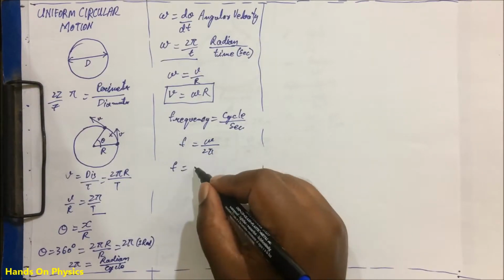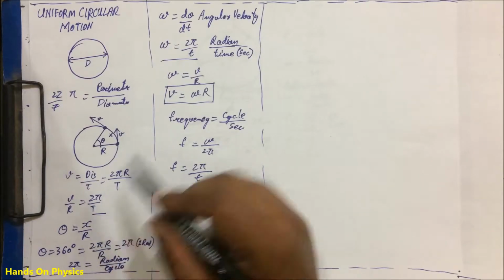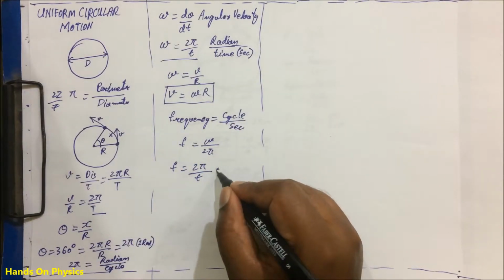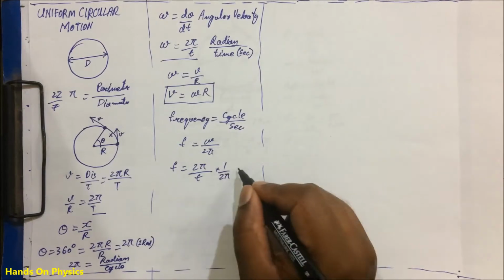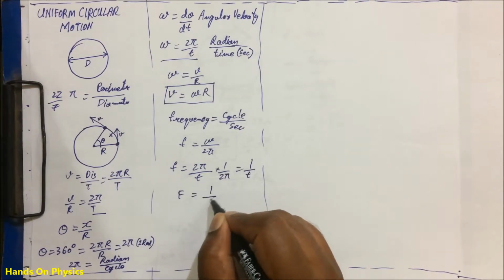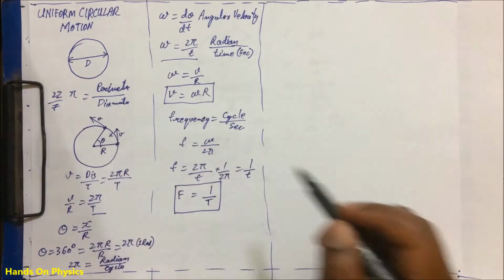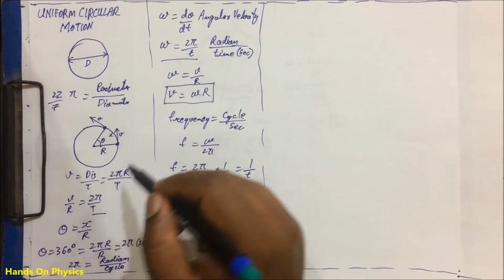So frequency will be 2 pi by t, that is omega, multiplied by 1 upon 2 pi, which will come to 1 upon t. So frequency is 1 upon the time of oscillation, or time of one circle.